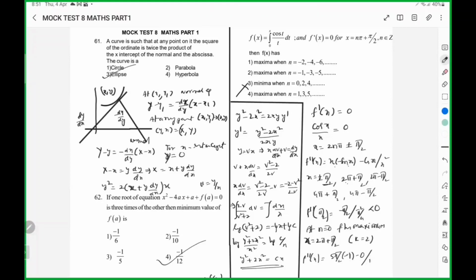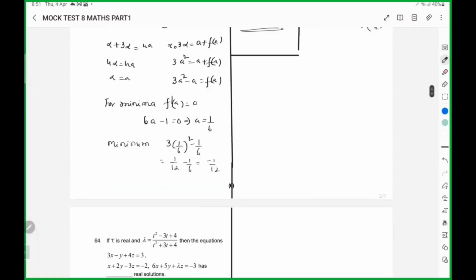Here x square is 5 pi by 2 whole square, so the value is negative. So negative means at 2 pi plus pi by 2, it has a maximum. So the suitable options are 2, 4, 6 or minus 2, minus 4, minus 6, where it has a maximum.